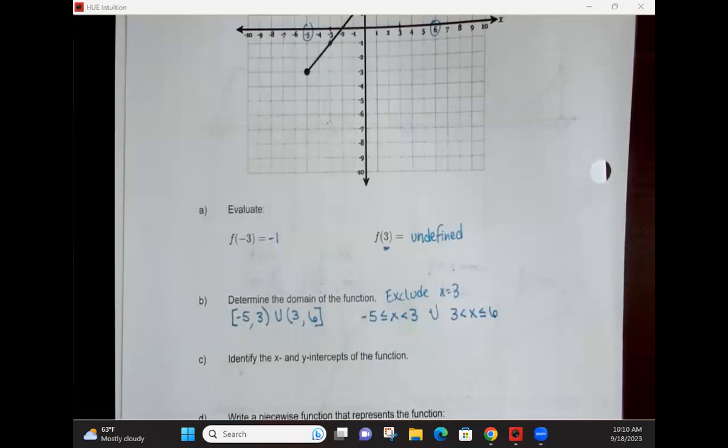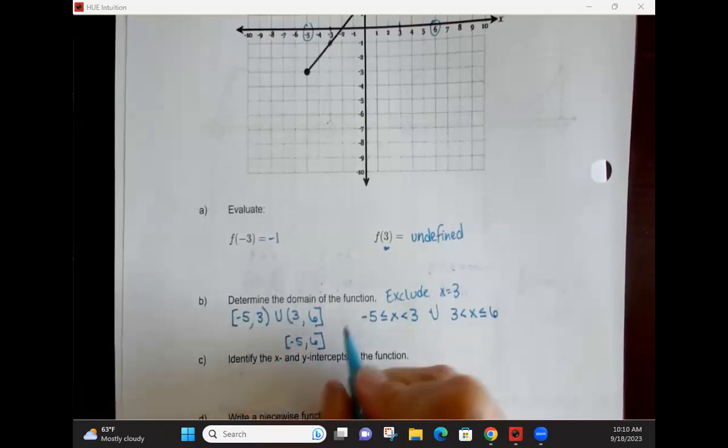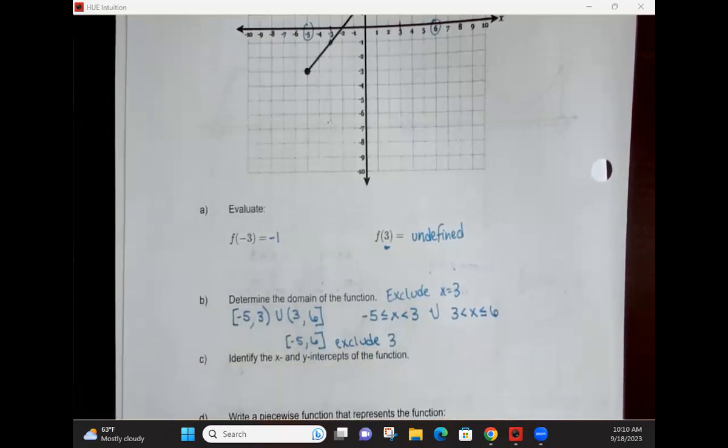You may also see something like this, although this is my least favorite, and then you have to make a note that we exclude 3. I show you this because you will see problems where your domain goes forever one way and forever another way, but there's one little gap.